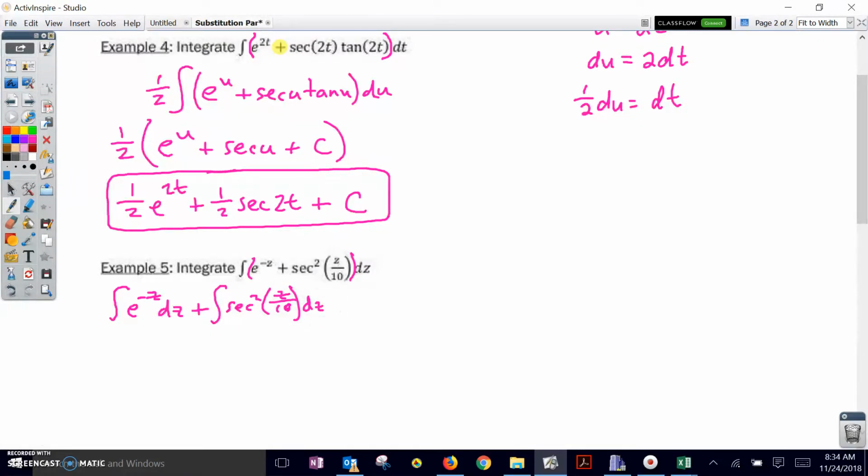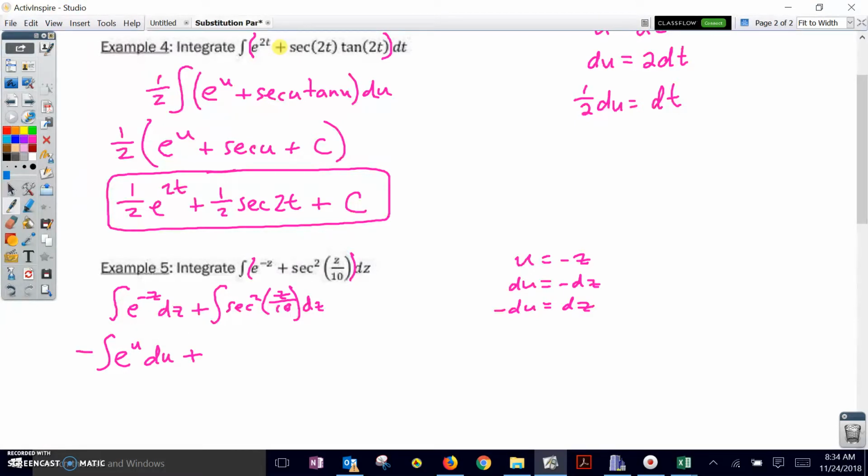And I'm going to make two different substitutions. For the first integral, I'm going to substitute u equals negative z. So then du is negative dz, and I can replace dz with a negative du. So this turns into negative integral of e to the u du.